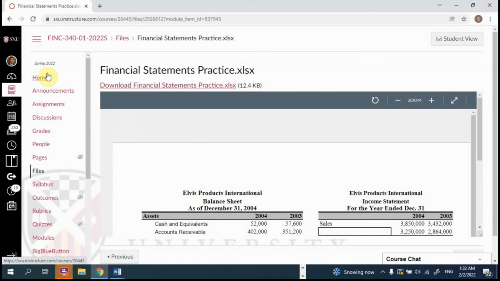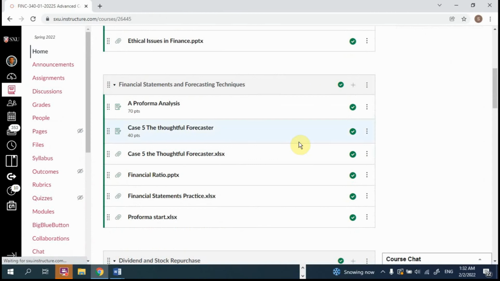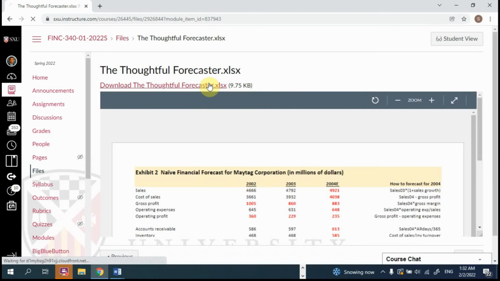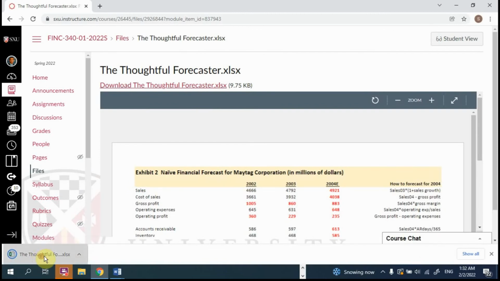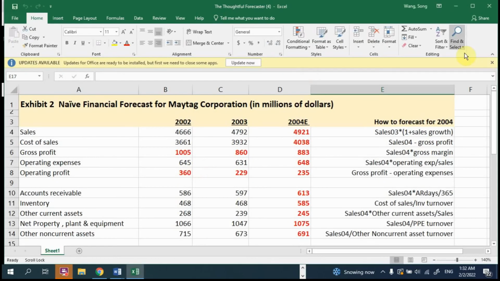All right, and now let's take a look at the pro forma analysis. Let's first go with an easier one, and this is directly from your textbook, case 5. And if I click here and open up the file, and now we're talking.